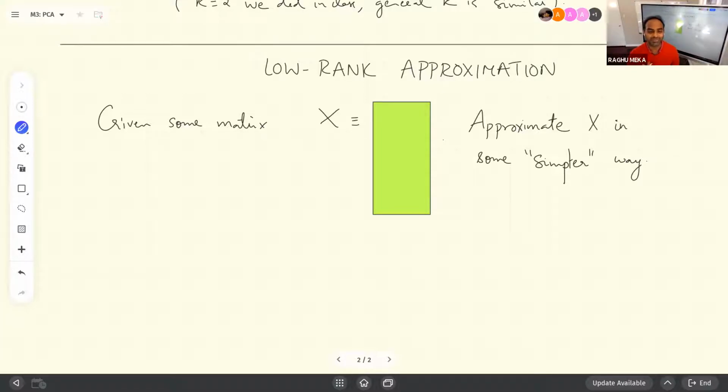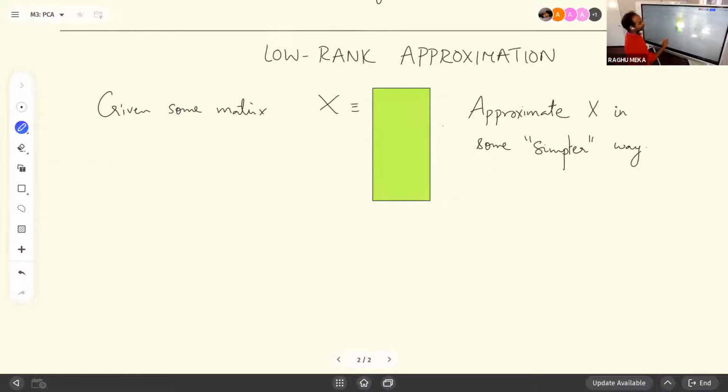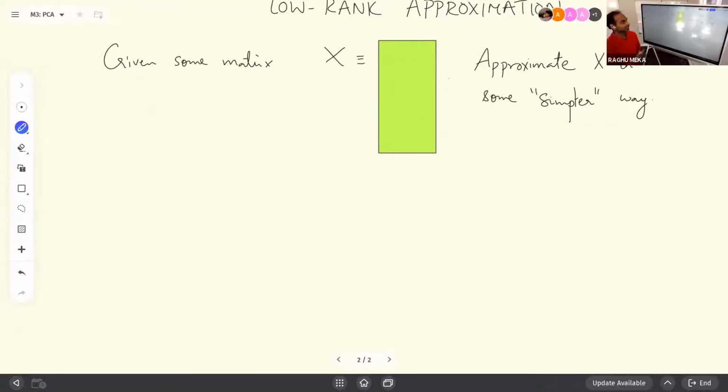So first of all, we need to formalize this rigorously, right? Often one of the first steps is, we have some intuition for the general principle that we're looking for, which is, okay, I want to find a simpler approximation for my matrix, which looks very messy, but then we have to formalize it mathematically, right? So here there are two questions to ask. First is, what does simple mean?